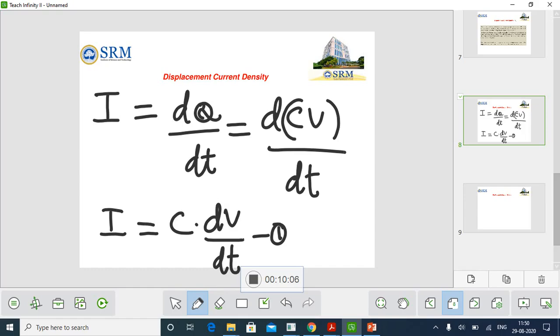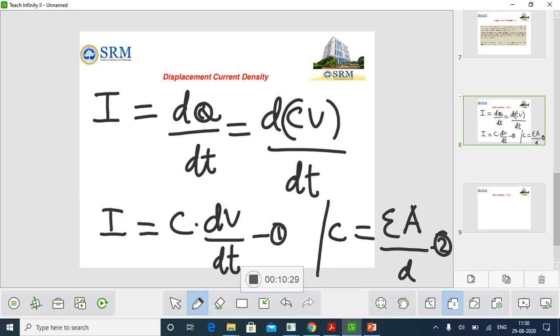In a parallel plate capacitor, the capacitance is given by C equal to epsilon A by d, where epsilon, A and d represent electric permittivity, area of the plates of the dielectric filled capacitor, and distance between the plates of the capacitor respectively.